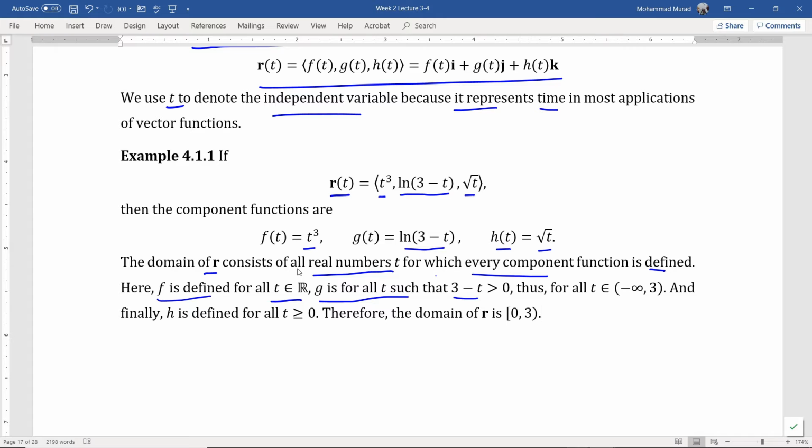Thus, t has to be smaller than 3. And finally, h is defined for all non-negative t values. Therefore, the domain of R is this set, which is an interval. It takes 0 to 3, where 0 is included in the interval, but 3 is not included.